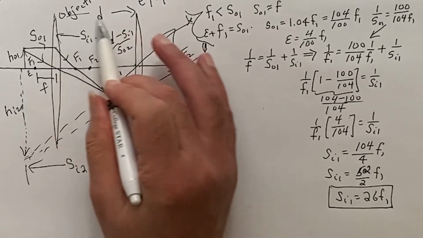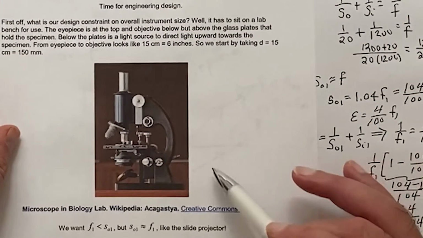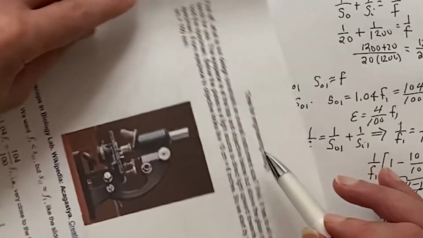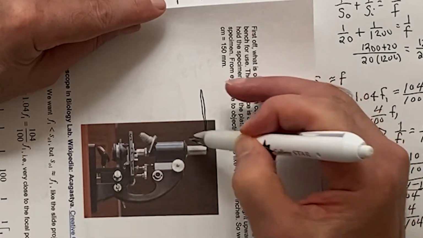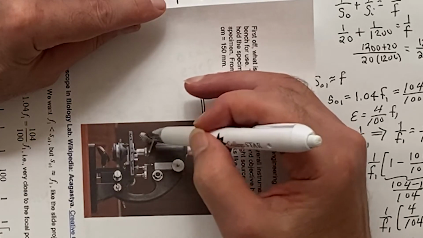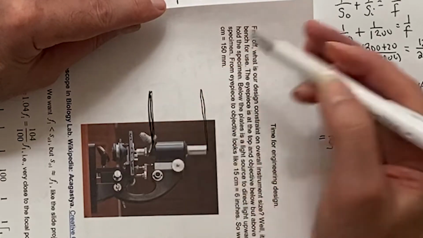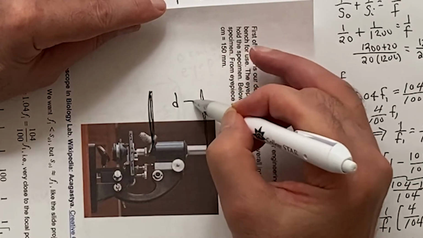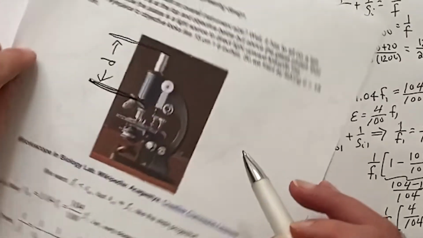I want to know what my constraint is on D, so I look at this. If I turn it sideways, here's the eyepiece here, and the other lenses can change them. They have some choices. So around here someplace, this is the D, and this has to sit on top of a desk.